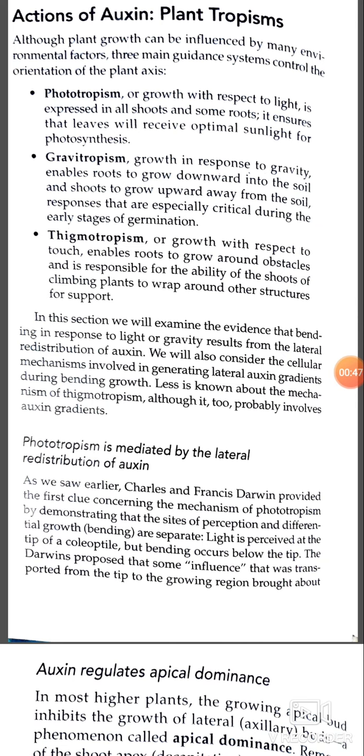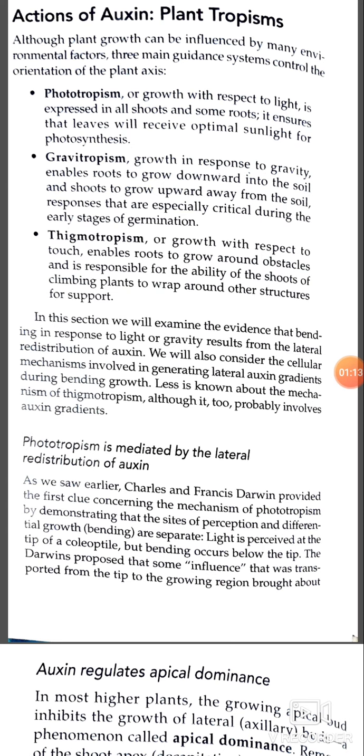Although plant growth can be influenced by many environmental factors, three main guidance systems control the orientation of the plant axis. The first is phototropism, or we can say growth with respect to light.